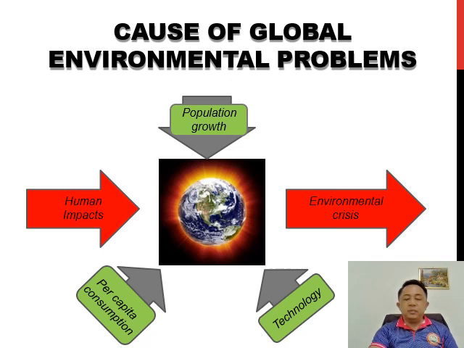Vehicles and other machineries that utilize fossil fuels release toxic gases or greenhouse gases into the atmosphere. Thus, it becomes one of the human impacts on our planet that promotes an environmental crisis. So even technology is one of the main causes of our problems with climate change and global warming.